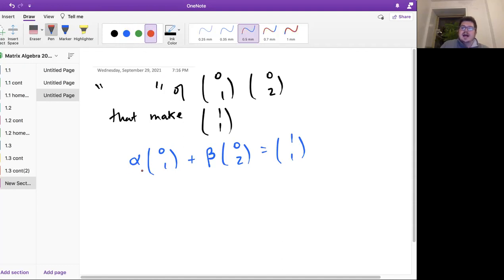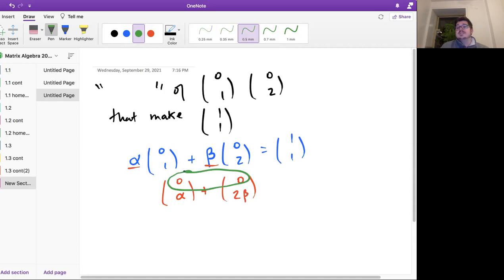Yeah, no matter what alpha and beta you pick, right? When you multiply, you'll always get 0 alpha plus 0, 2 beta. So any linear combination will always give you a 0 as the first coordinate. So certainly you can't do it.